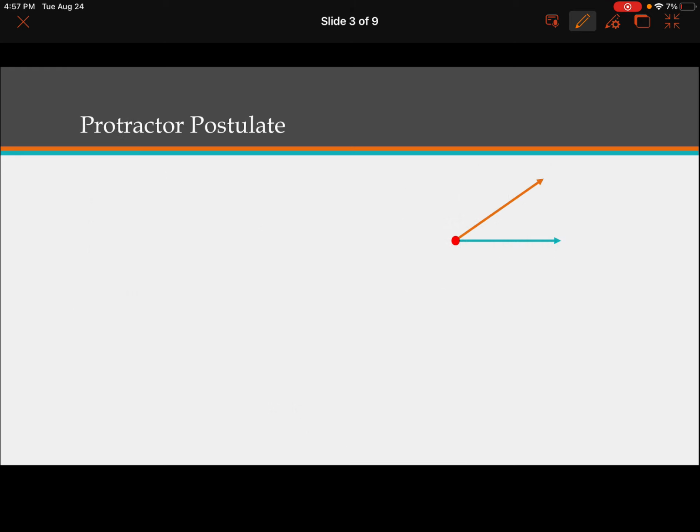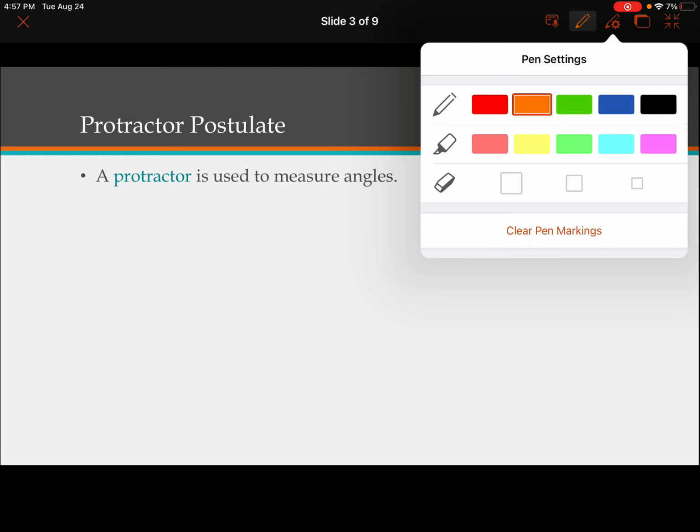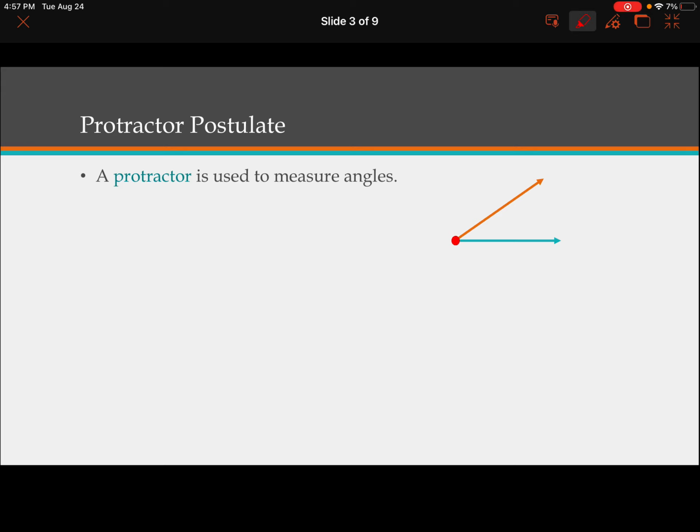Okay, so we want to talk next about protractors. Protractors are tools, and they're used to measure angles. Look at this angle that's on here. We have one ray that's kind of blue-greenish that shoots off to the right, and one ray that's orange. It goes up diagonally.